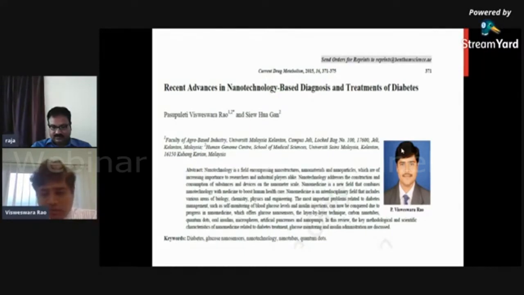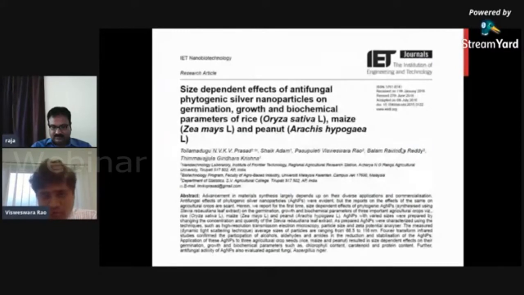I want to show these because this one is for anti-cancer activity, this one is general, this is diabetes, and this is for agriculture.